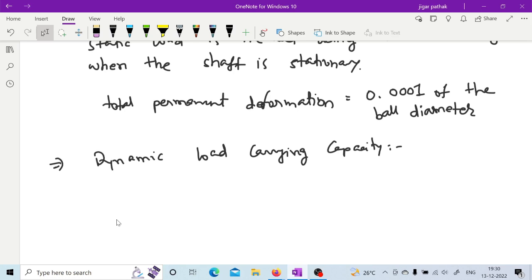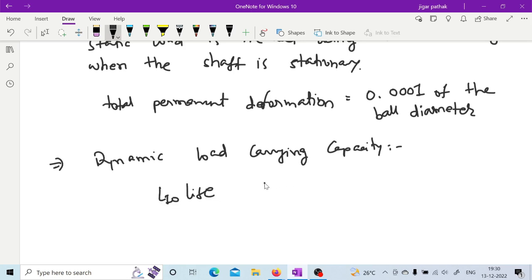This should be considered as the dynamic load rating. Whenever the bearing is in operation, the actual bearing life, or L10 life, is considered.